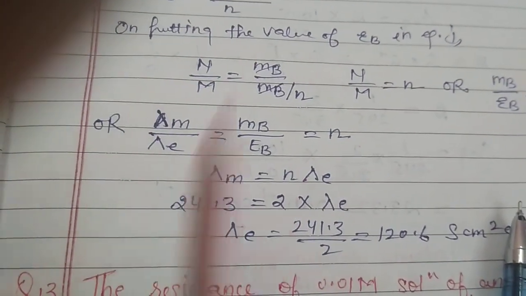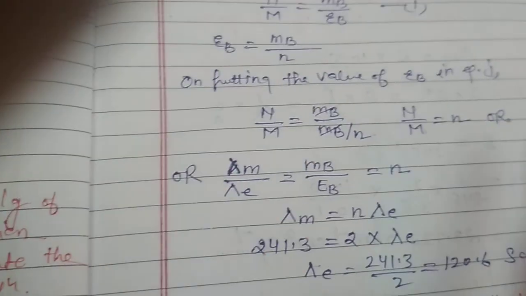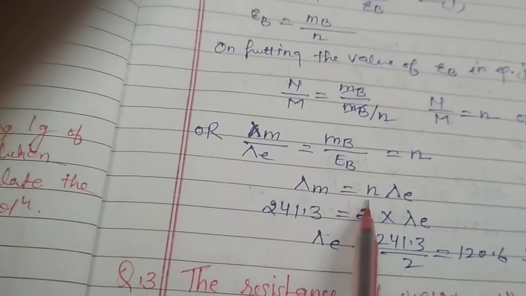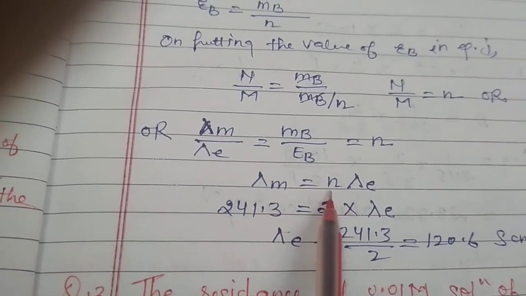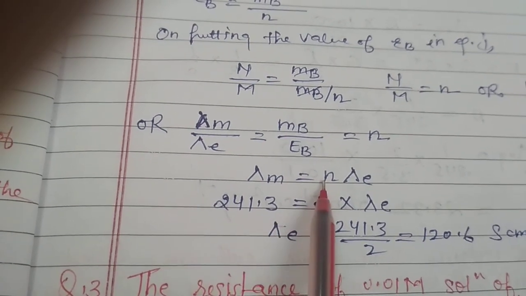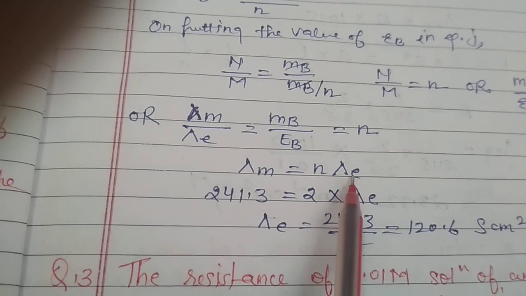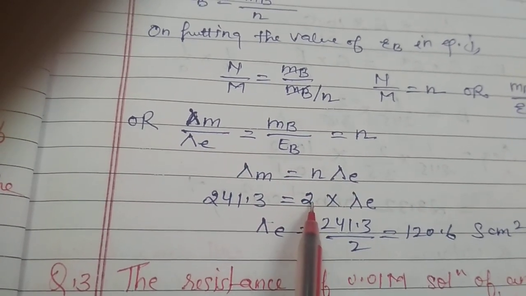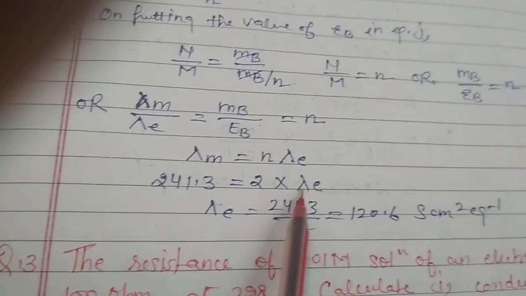Still we have revised. So from this point we can directly put the formula as lambda m is equal to n lambda e. And we know for barium chloride, that is a salt, we can either take the positive charge for n factor or the negative charge. So that would be 2. Lambda m's value we have calculated. We can calculate the value of lambda e.